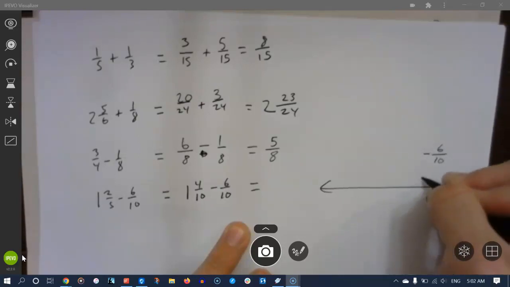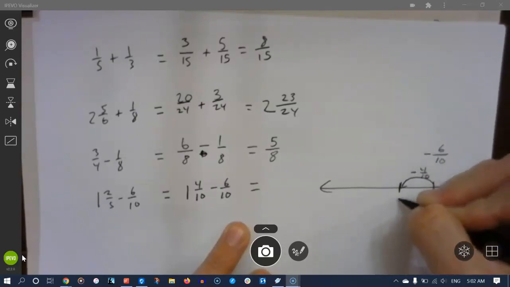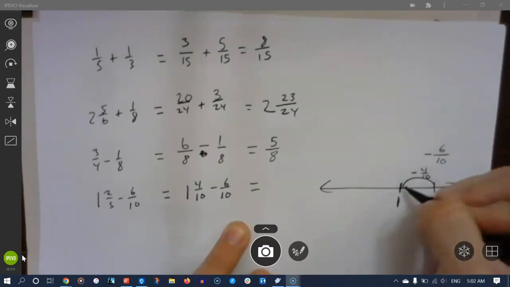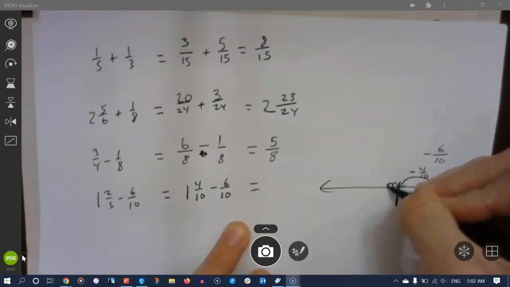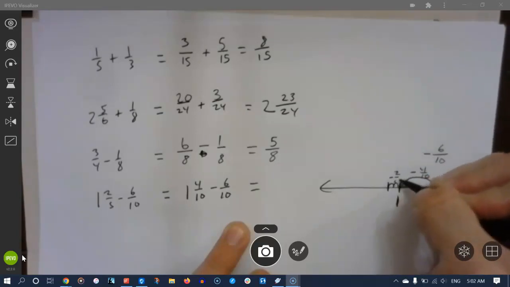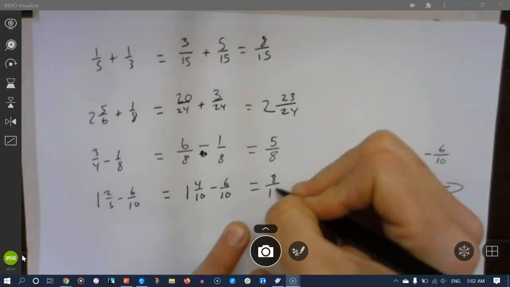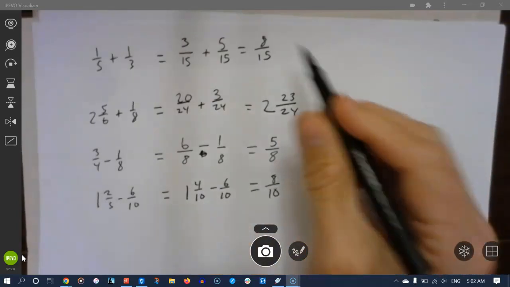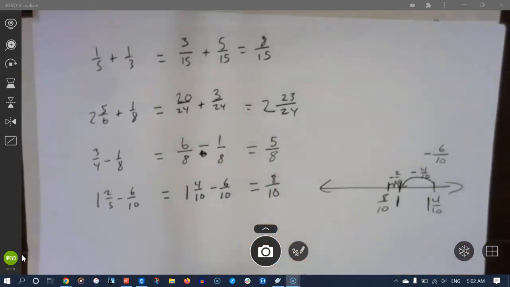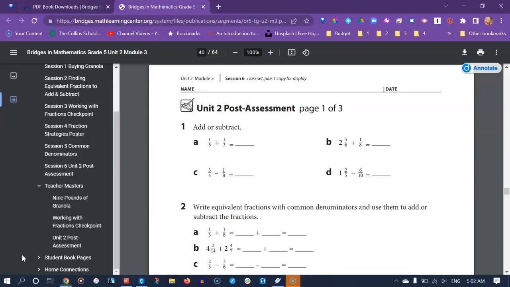So first I'm going to remove 4/10 to get to 1. And now I just have 2/10 left. So from 1 to 8/10, which is 4/5. All right, so how many points did you earn there? And then we're going to jump to question 5.